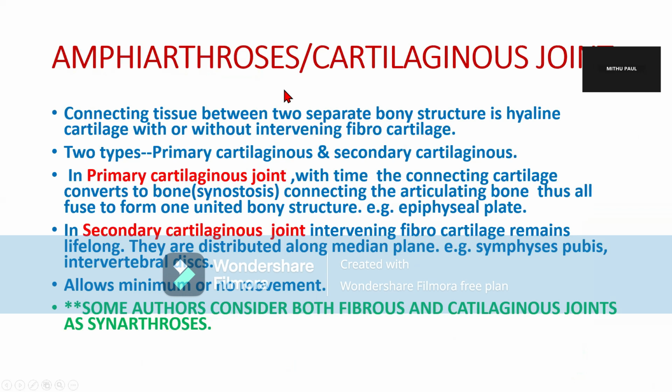Amphiarthrosis, or cartilaginous joint, means those joints where the articulating surfaces of the bones are joined via the presence of cartilage. It is a cartilaginous joint allowing very minimal movement. Here again, it is divided into two types: primary cartilaginous joint, or synchondrosis, and secondary cartilaginous joint, known as symphysis.